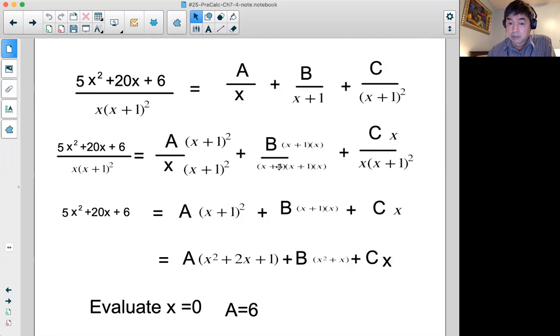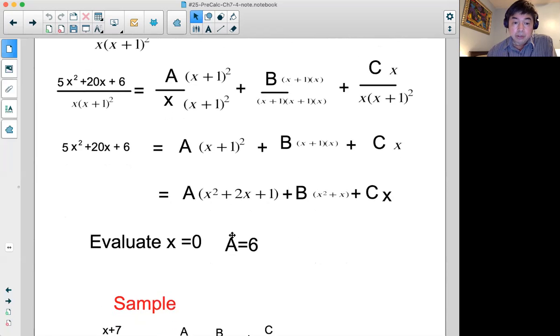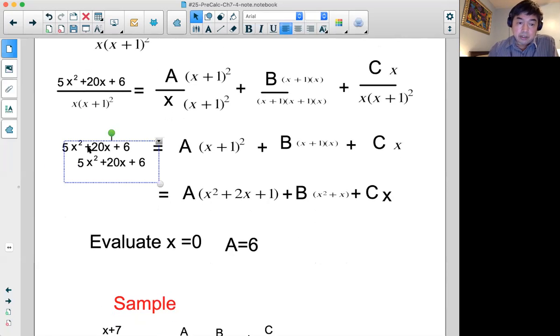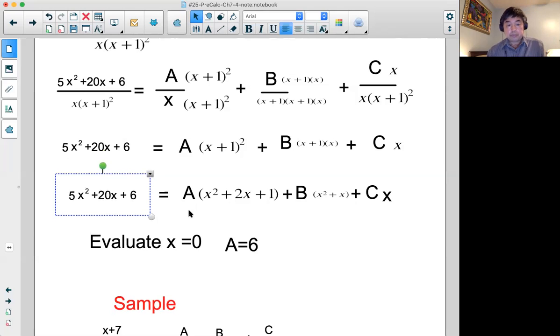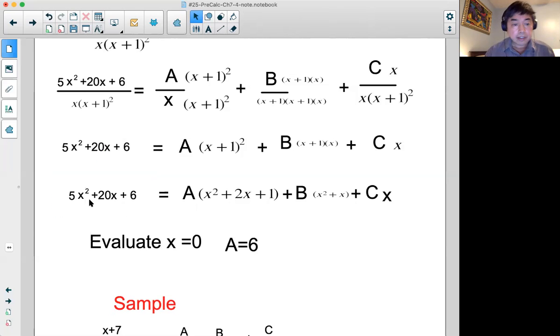Here, x plus 1 times x plus 1 is (x plus 1) squared times x. This one is x times (x plus 1) squared. Okay, I hope you understand. Now you create the equation here. So I should keep the equation here. Now you focus on 5x squared plus 20x plus 6.